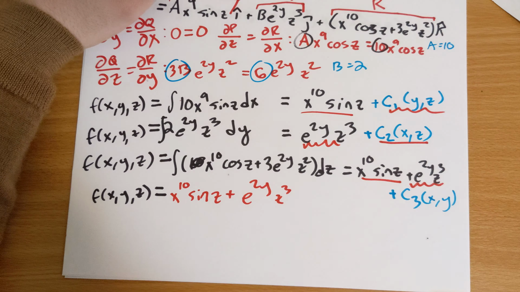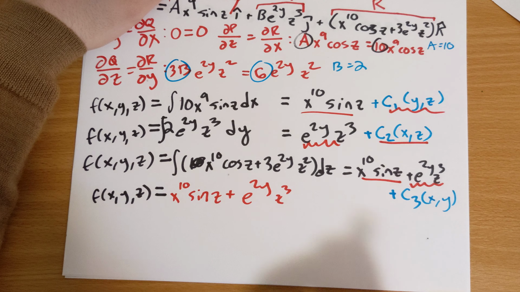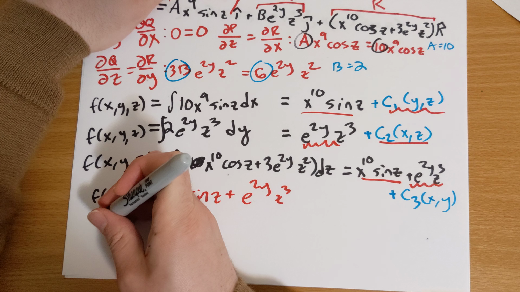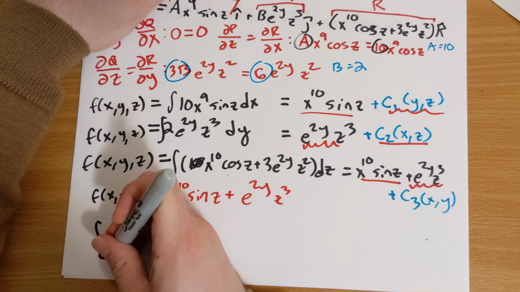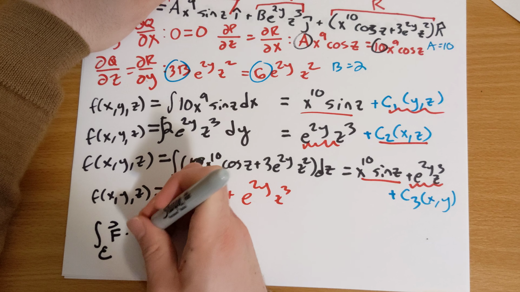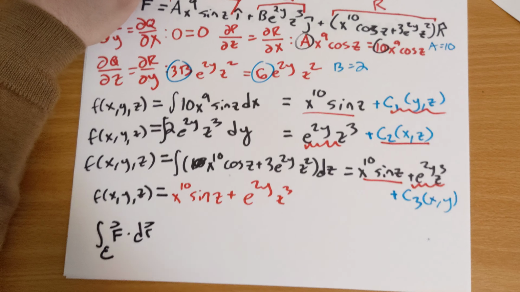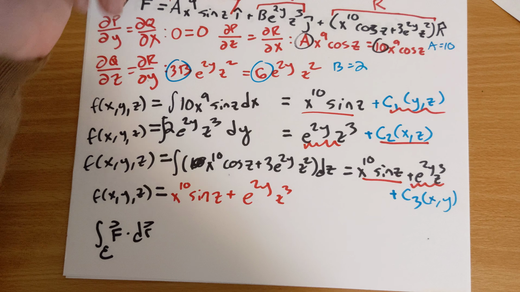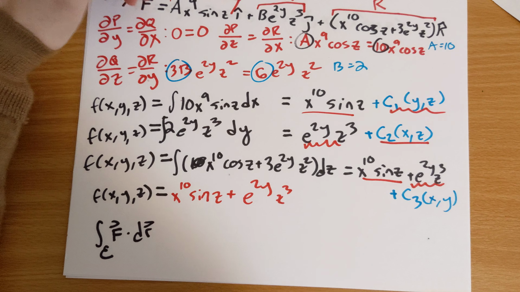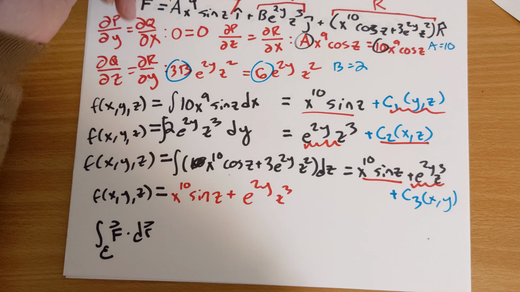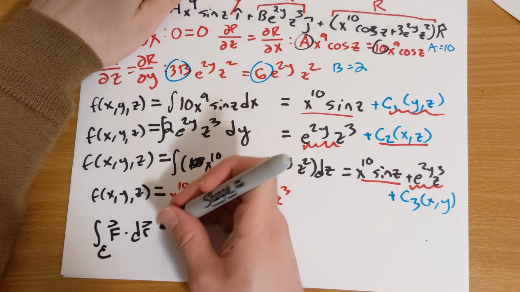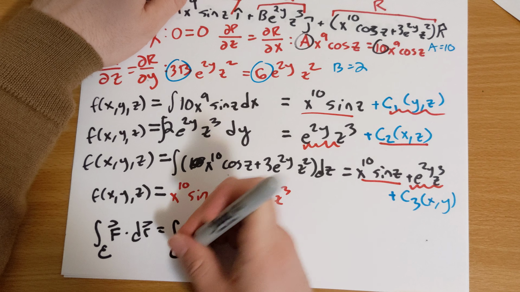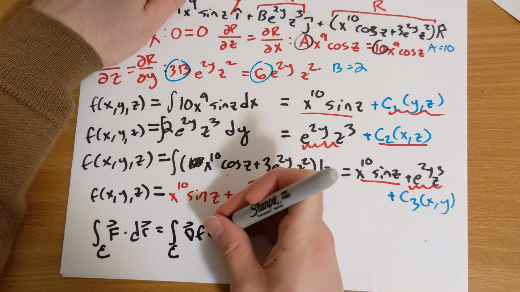Okay, so then finally, we are asked in part C, integral over a curve C of f dot dr. Well, we know now with these choices here, f is a conservative vector field. So f can be written as the gradient of little f.